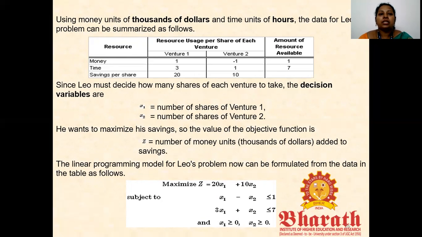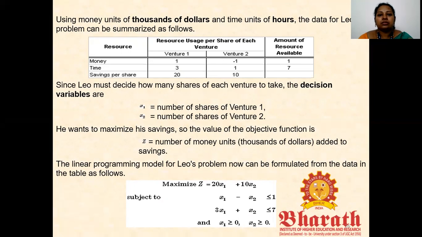Here, using money units of thousands of dollars and time units of hours, the data for Leo's problem can be summarized as follows. The available resources are money and time. The saving per share for venue 1 is money $1, that is $1,000, and time 3 hours.